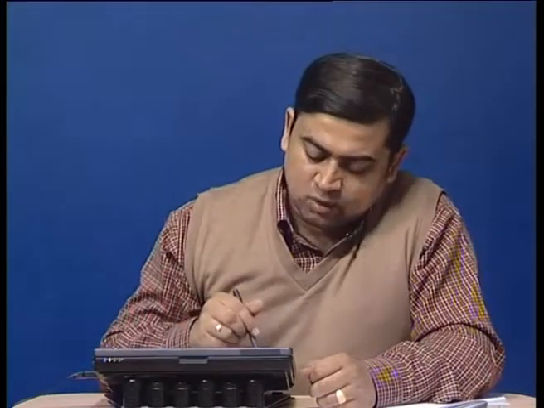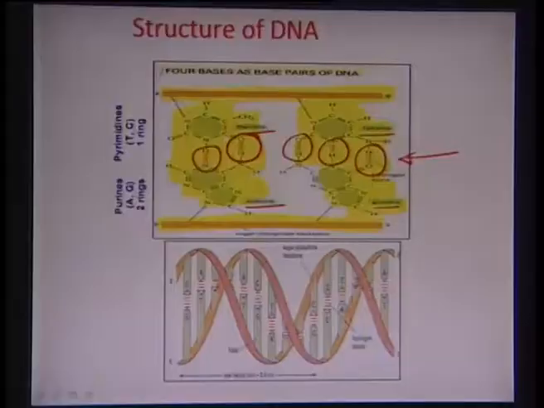This is the way the sugars are all linked together, and the first carbon on every sugar is also bonded to a base, and there are 2 such complementary base pairs, A and T, adenine and thymine, cytosine and guanine. So let's look at how these base pairs are clubbed in a structure.